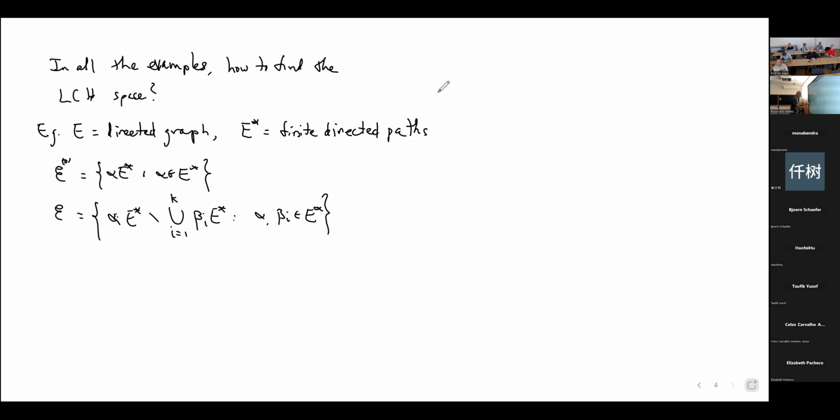And then I'm going to let script capital A be all finite disjoint unions of sets from this script capital E. So the disjoint union, j equals 1 to say m, of E j, the E j's in E. So then it's an elementary exercise, that holds more generally, that A is a ring of sets generated by E0.